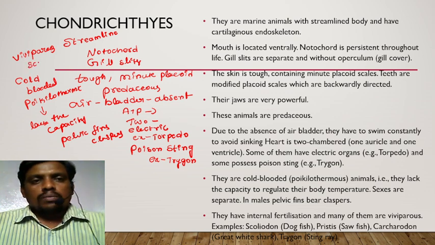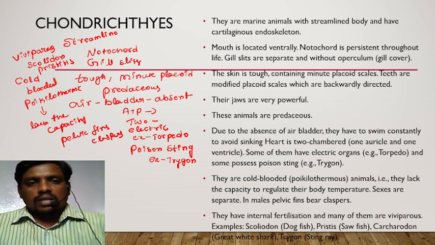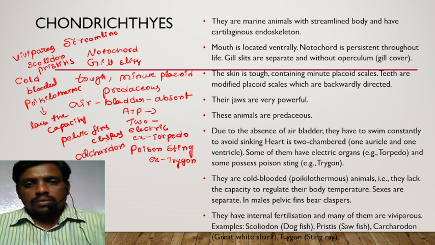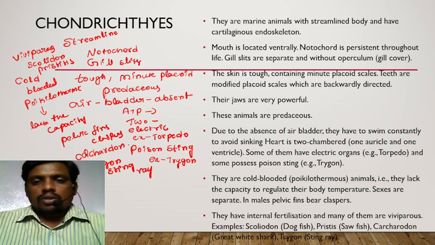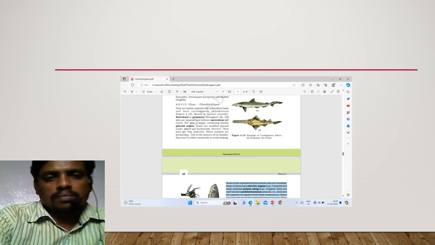Examples: Scoliodon, dogfish; Pristis, sawfish; Carcharodon, great white shark; Trygon, stingray are the examples for Chondrichthyes fishes. And you can see the Chondrichthyes fishes in the diagram.